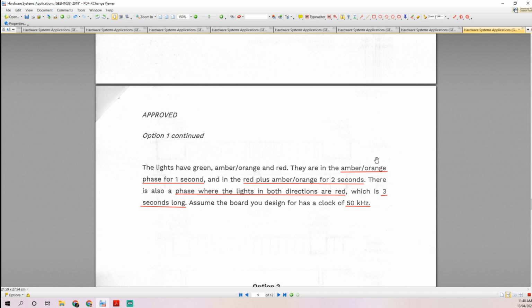And the frequency that we are dividing to get that 1 hertz frequency for that 1 second timer is going to come from this 50 kilohertz clock that is on the board. It's much like how we design for a 1 second signal using a 15 megahertz clock from the Altera DE0 boards. All right, so that's the significance of this number, which means that we need to be able to know how frequency dividers work.